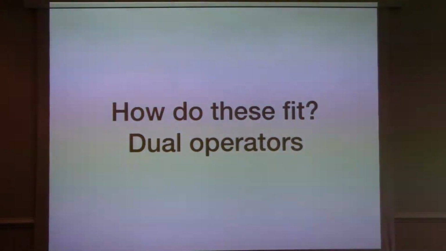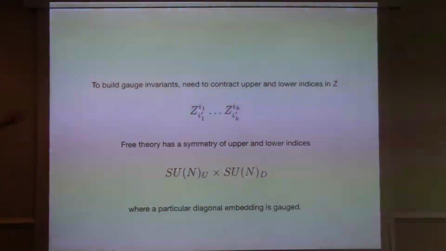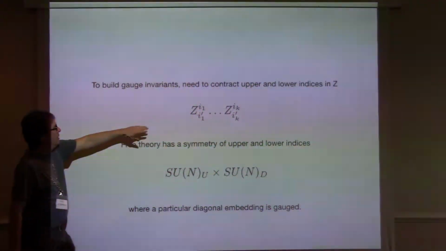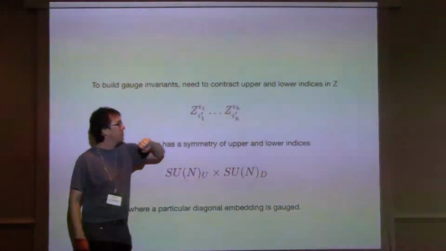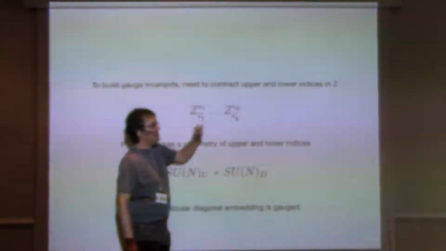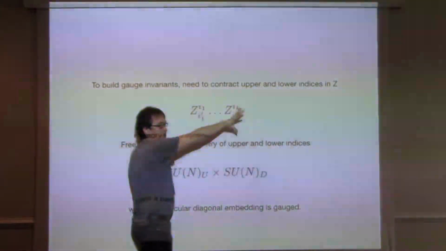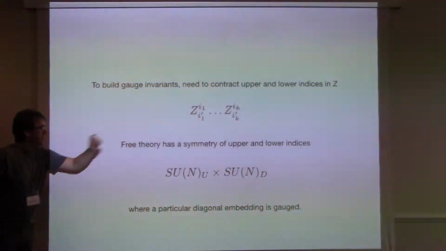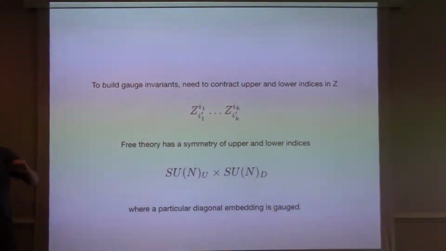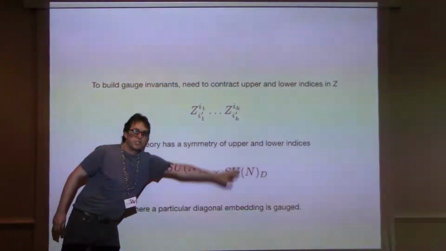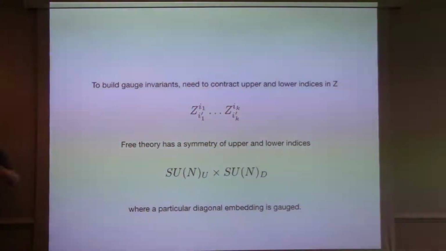So let me give you a trick on how to think about this, which is that if you start in free field theory, there's upper indices and lower indices, and you're going to have some set of z's, and you're going to have some upper indices and some lower indices. But in the free theory, it has a symmetry of upper and lower indices, which is SU(N) up cross SU(N) down. Actually, they all have the same mass, so you actually can rotate these things into one another.